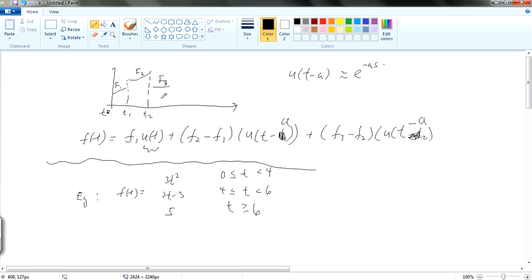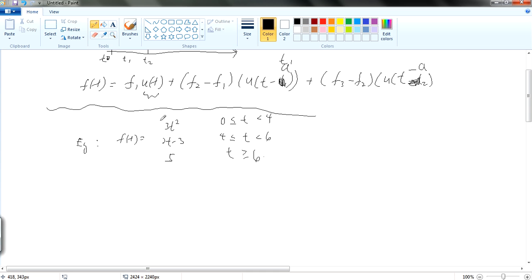At this point, f2 minus f1 will be t minus t1, so this minus this. I'm not going to talk about this anymore, it's a little complicated, but let's take a look at the examples.